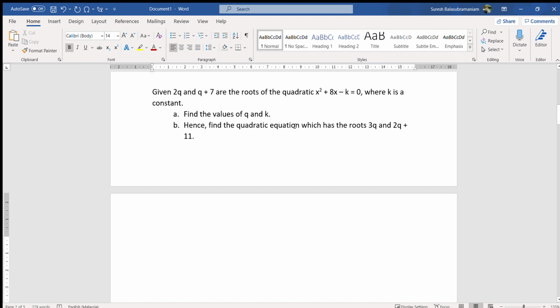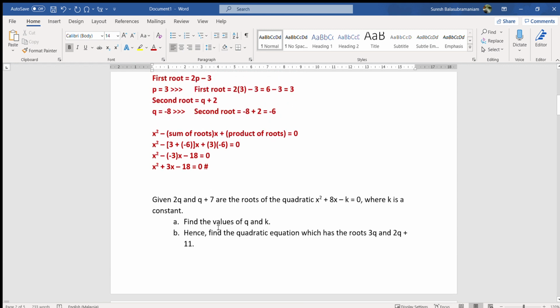Okay, so the sum of roots are plus 8. Products of roots are -k. So you can just write there sum of roots equals to, okay, so sum of roots equals to, go back to the formula.